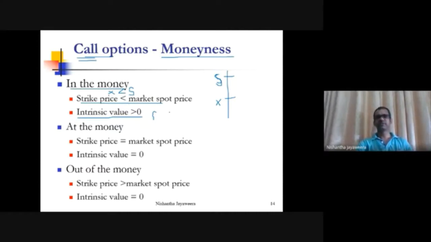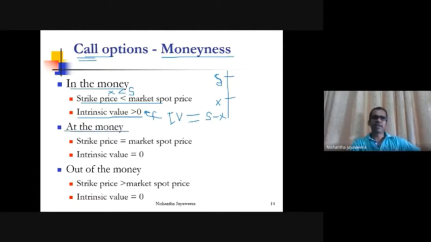The intrinsic value equals S minus X. Whenever S minus X is positive for a call option, we call it an in the money option.